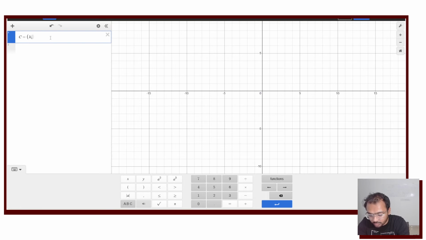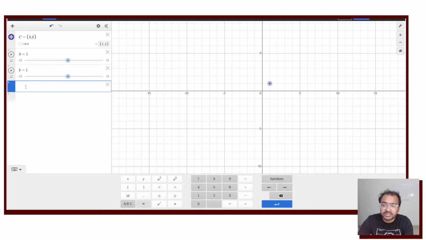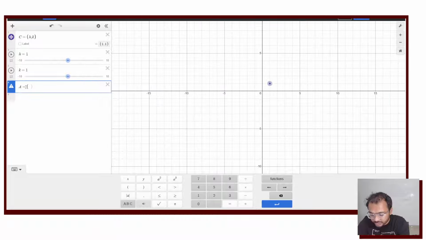So write h, k, and we can add a slider for these values. We'll see that this is actually not going to impact C. This H and K can be anything. There was another point A, and that was given as H plus 1, and the other point was K plus square root of 102.